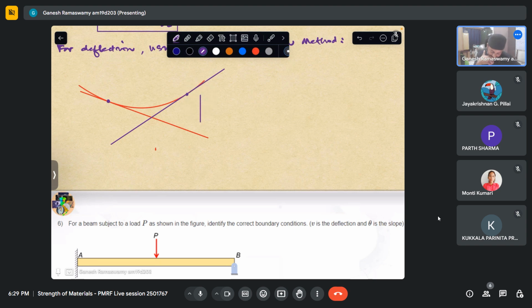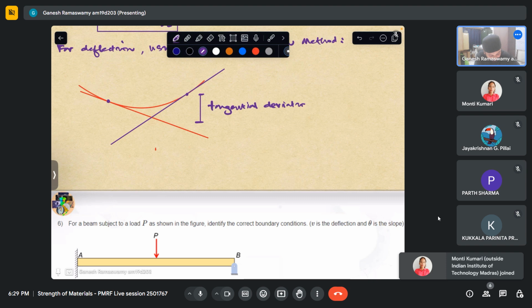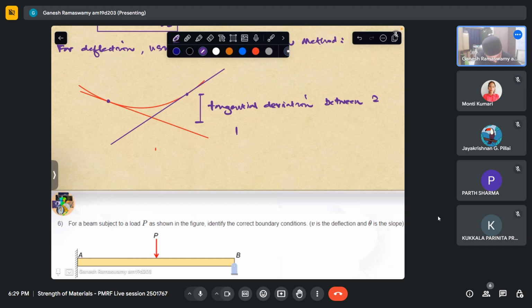So this difference is known as the tangential deviation between 2 points on the elastic curve.